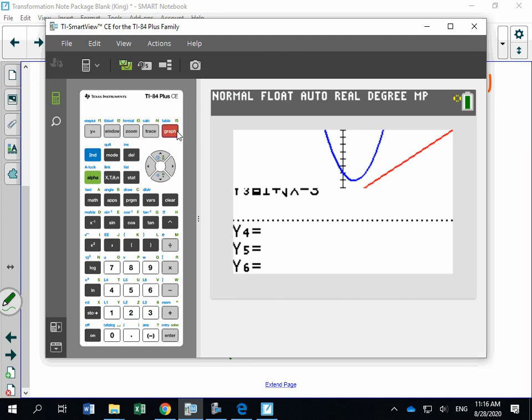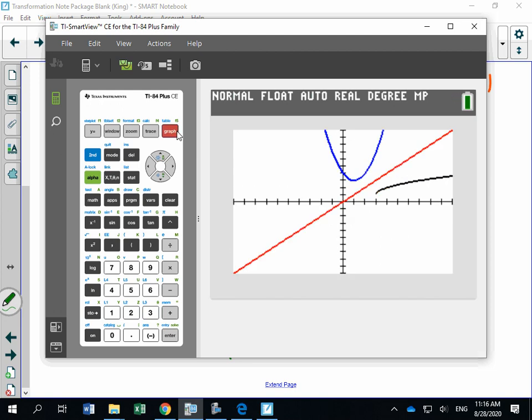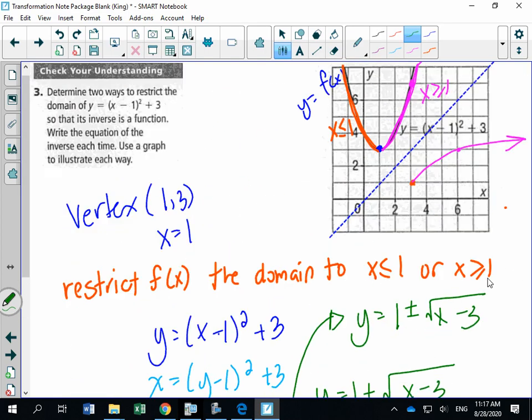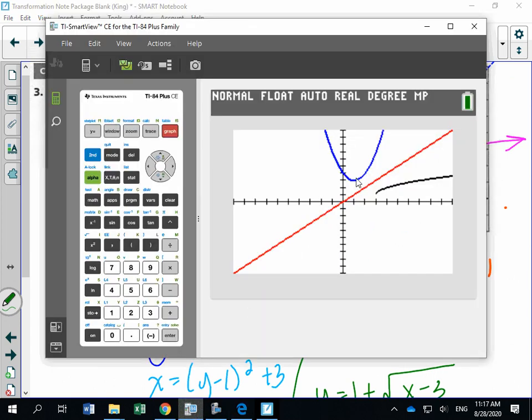Okay, let's see what that is. So I hope you could see what we just did is that would have been this pink piece here, right? So if we look, this piece of the original graph, if I restrict the domain to x is greater than or equal to 1, I get this inverse graph, and this inverse is a function, right? So this pink one on my sheet becomes this guy.